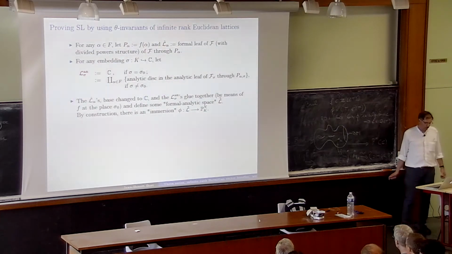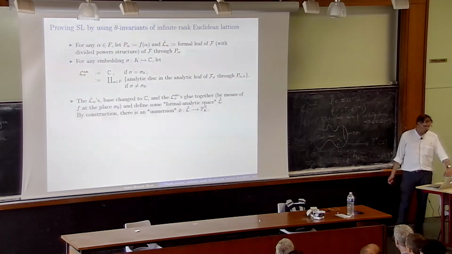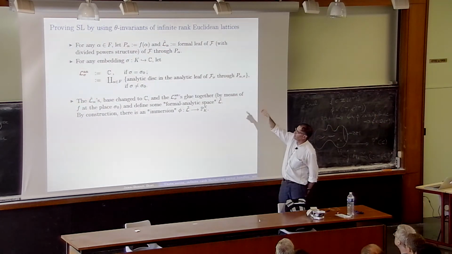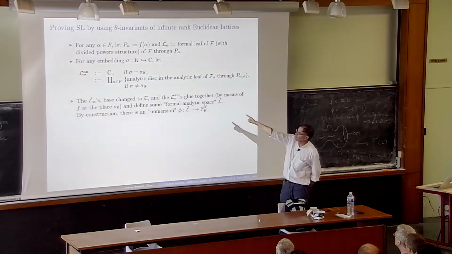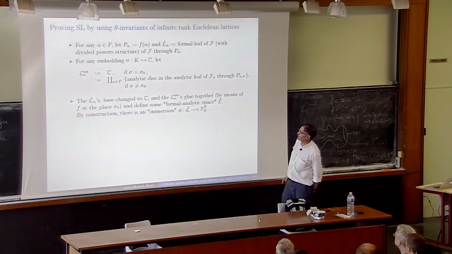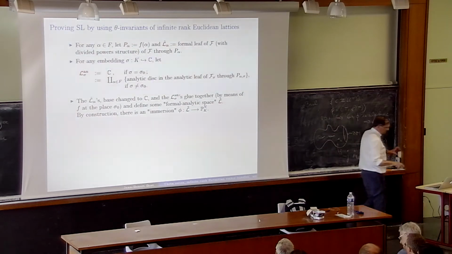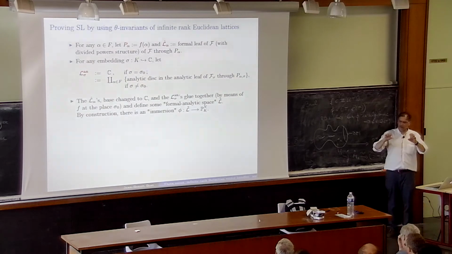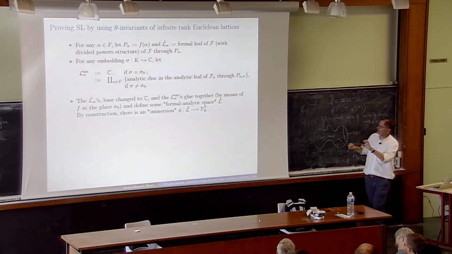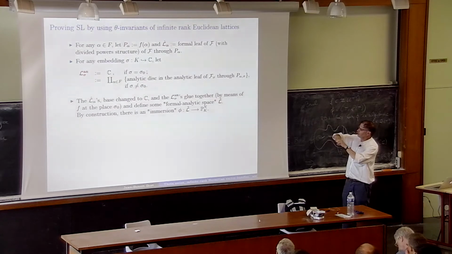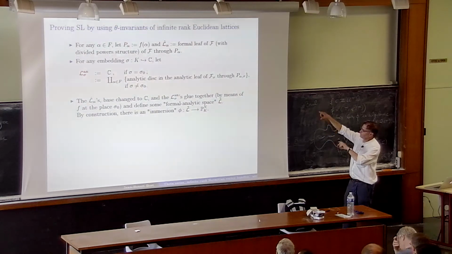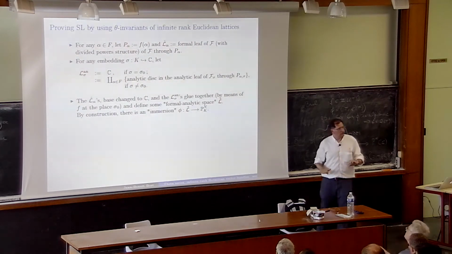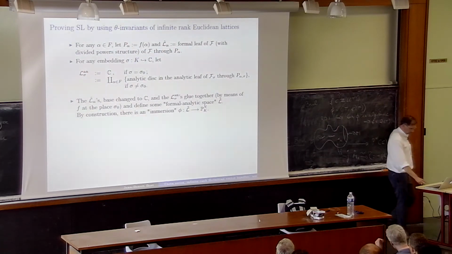And in a sense, you may consider these formal curves, L alpha bar, glued together by construction with these analytic leaves, and define some kind of formal analytic space. You have the formal structure over K, and when you go to the complex fields, various complex embeddings, you may glue with these analytic integral curves.